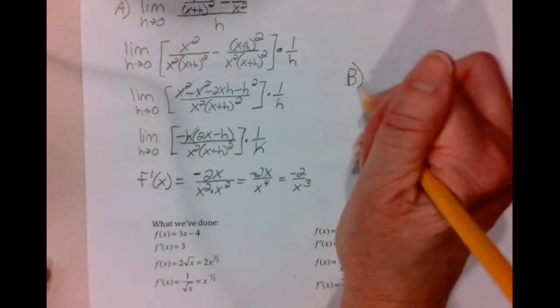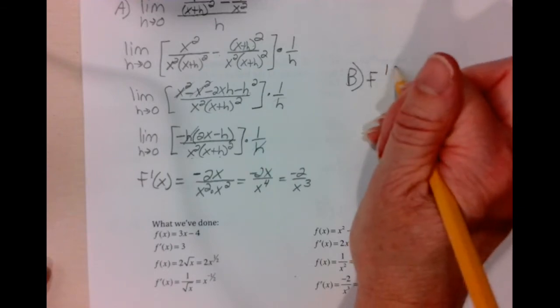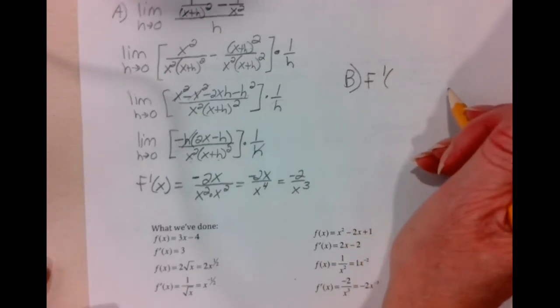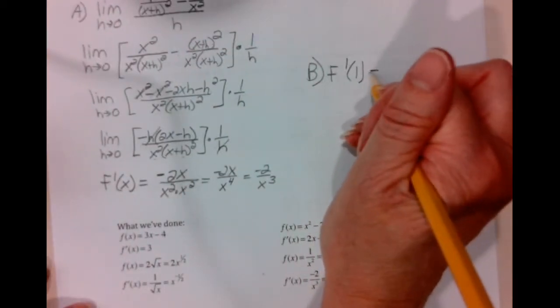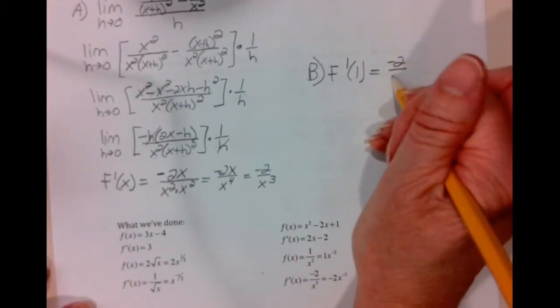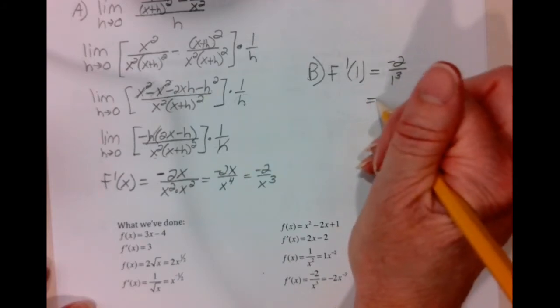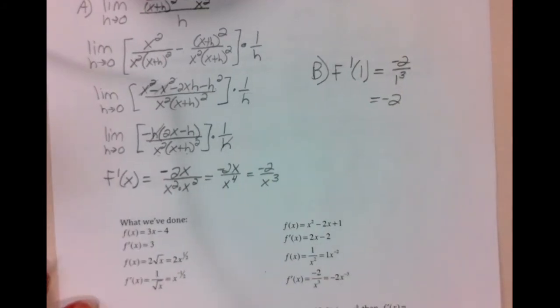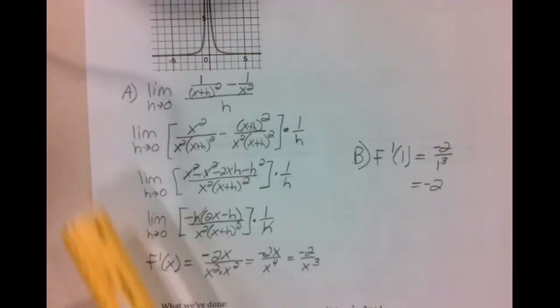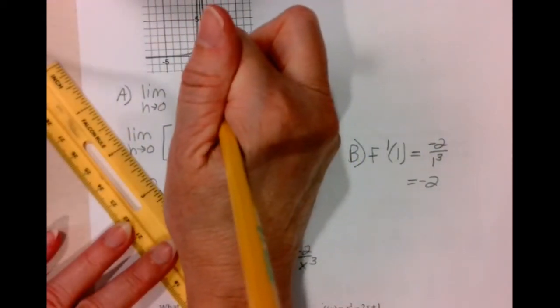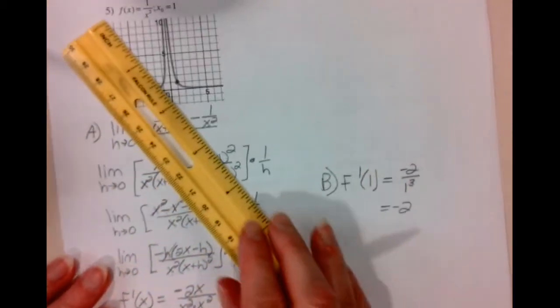So in part B, f's slope at the given value, which in this case is 1, is found by taking negative 2, dividing it by 1 cubed, or just negative 2. If I again go to the graph, let's check it out. We go to 1, and there I am at 1.